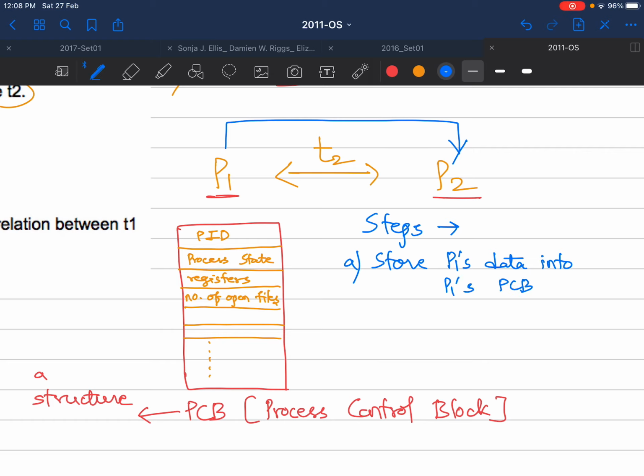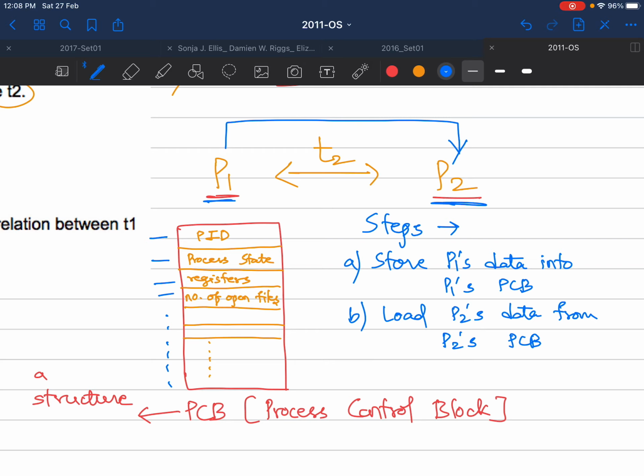We have to store all this information. It will be a huge chunk of information. So first we store that, and next we load P2's data from P2's PCB. So P1 will have its own PCB, P2 will have its own PCB.